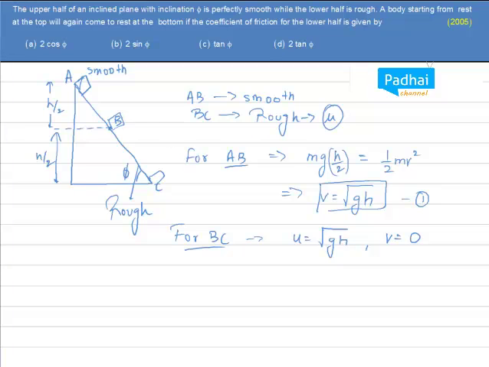Now if I see the acceleration in this part, it will be g sine theta, and above we will be having mu g cos theta, because of the friction. Let us assume that the net acceleration is upwards, so that means mu g cos theta minus g sine theta.